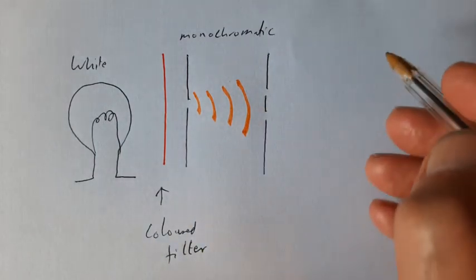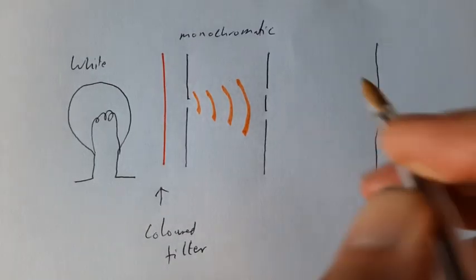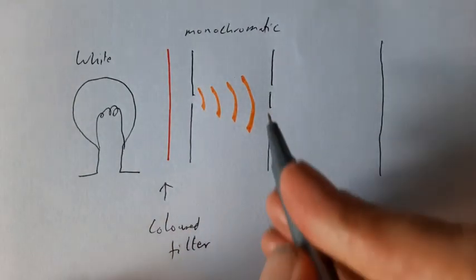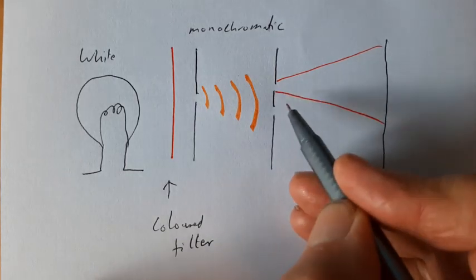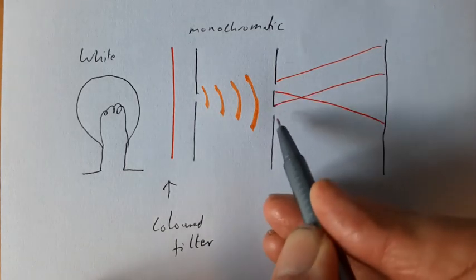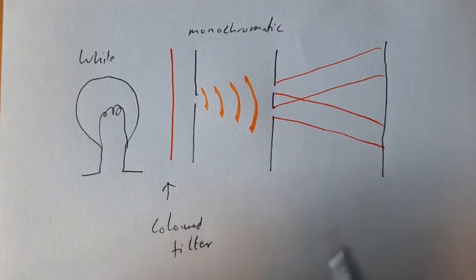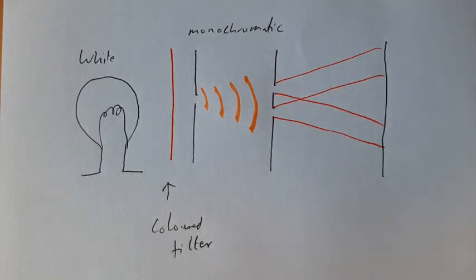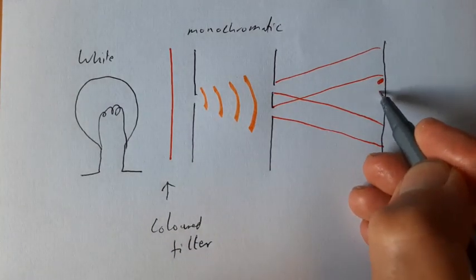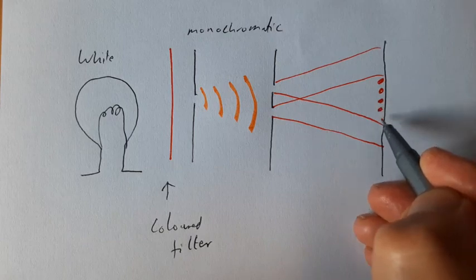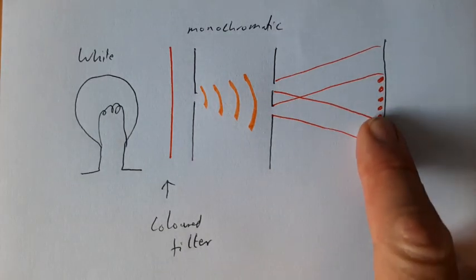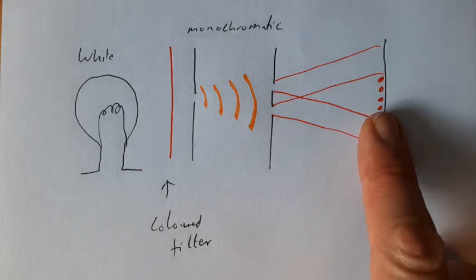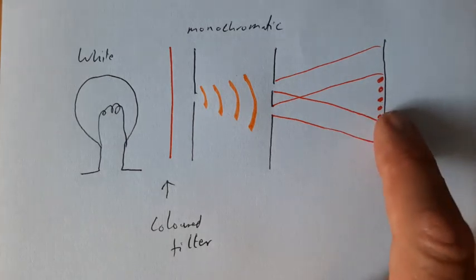The light will diffract through the two slits, and that's the light from that slit, that's the light from that slit, spreading out by diffraction. We will only see bright fringes in this area where the light overlaps from the two slits, because we have to have light from the two slits to form an interference pattern.